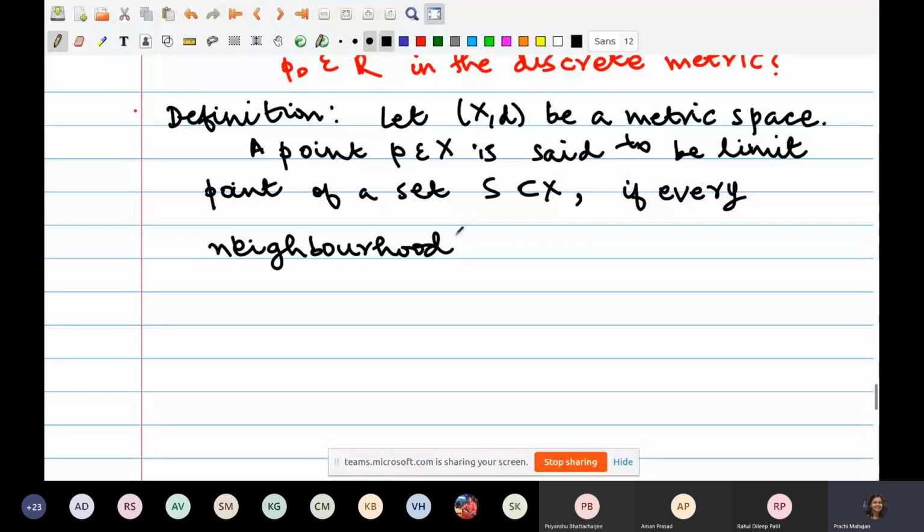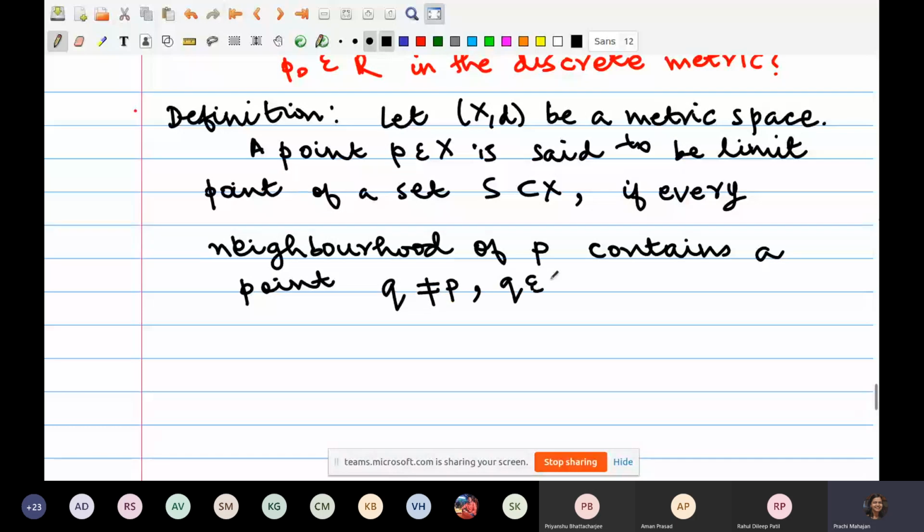If the following is true: if every neighborhood of P contains a point Q different from P and belonging to S. Let me finish this definition and we will see.